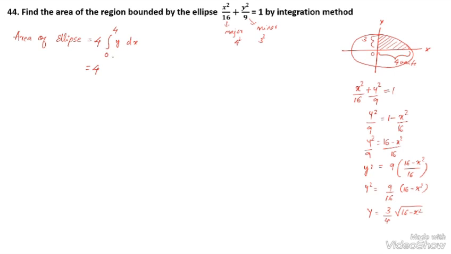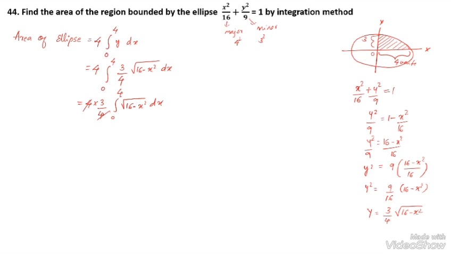That is 4 into, from 0 to 4, what is the value of y? y will be 3 by 4 into root of 16 minus x squared dx. I'm taking 3 by 4 as a constant, that is 4 into 3 by 4, integration 0 to 4 of root of 16 minus x squared dx.